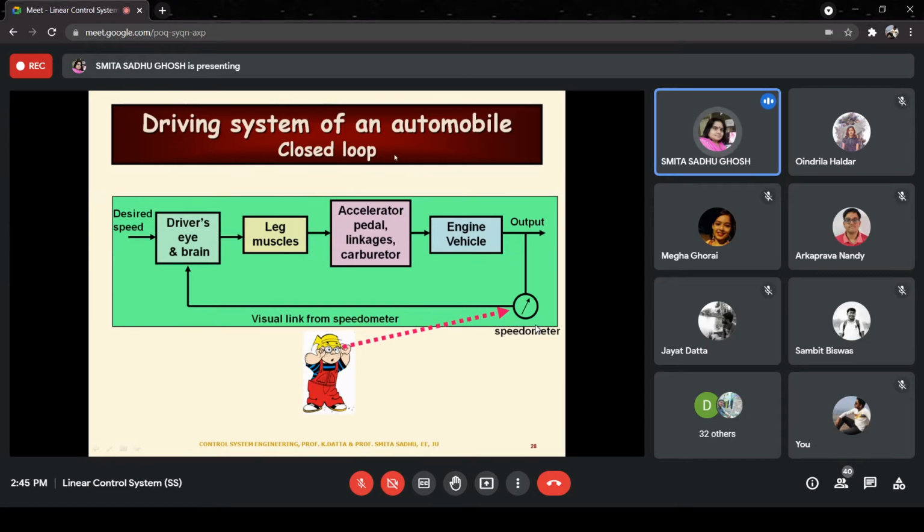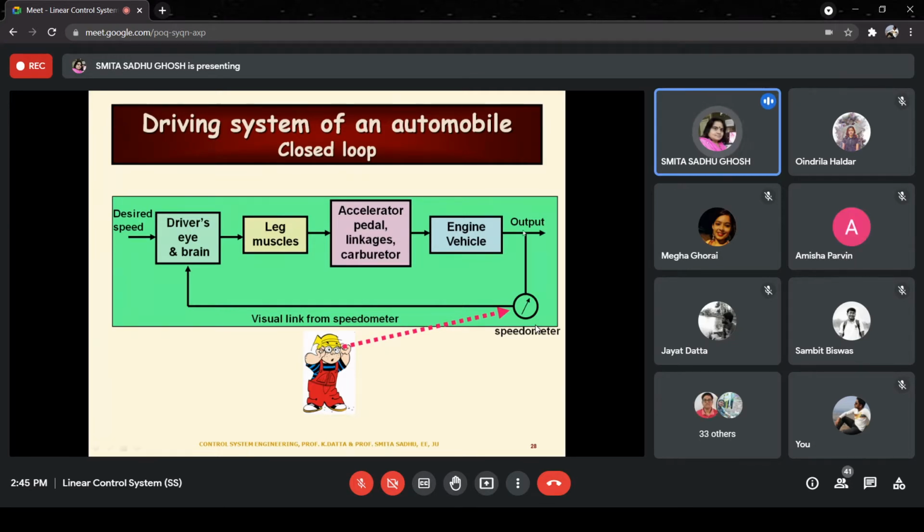The same system of an automobile, as a closed loop system, can be made to work in a much better way, because here the possibility of accidents as far as speed increase or decrease is concerned is reduced to a large extent.